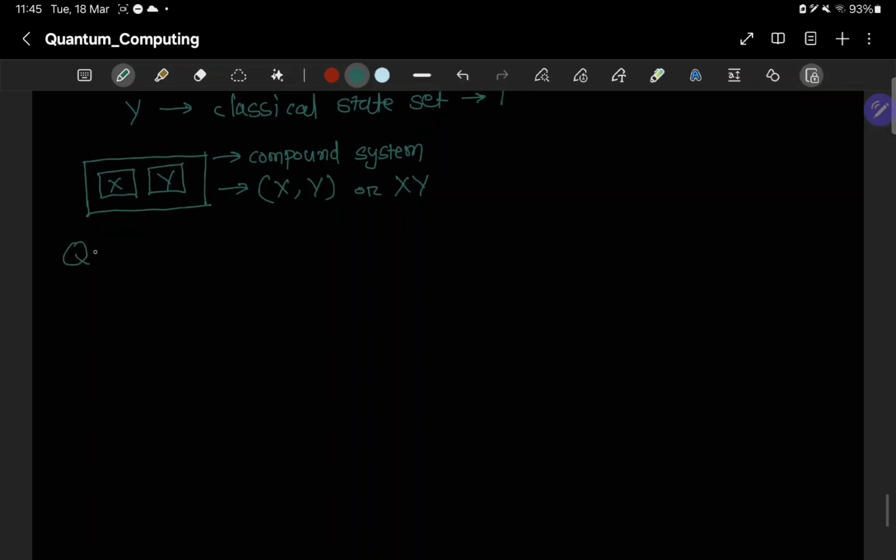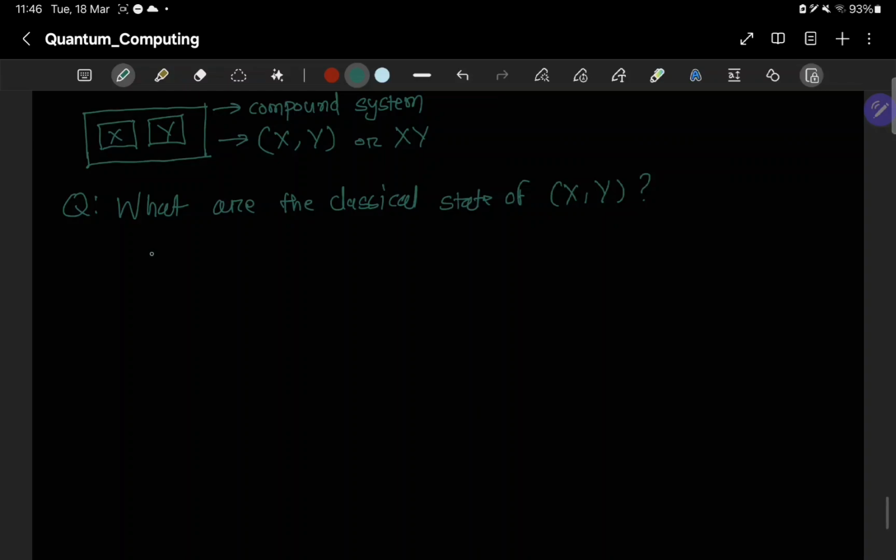So the question is, what are the classical states of XY? The compound system is represented as sigma cross gamma, which equals the set of all (a, b) such that a belongs to sigma and b belongs to gamma.